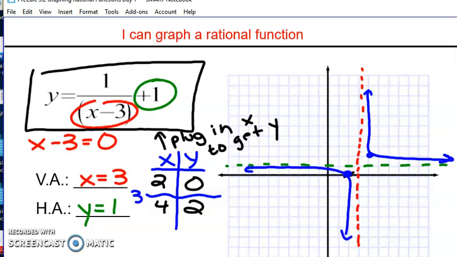If the graph works out correctly here, it should pass through that point and then follow the asymptote, but it never crosses the asymptote. Okay? Let's try one more.